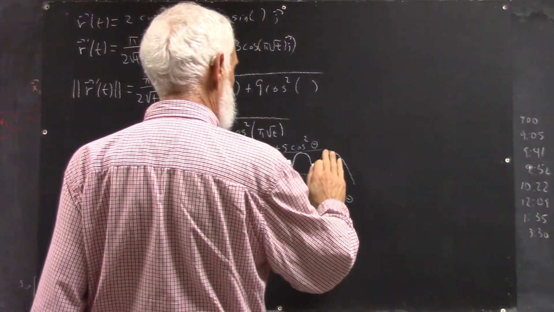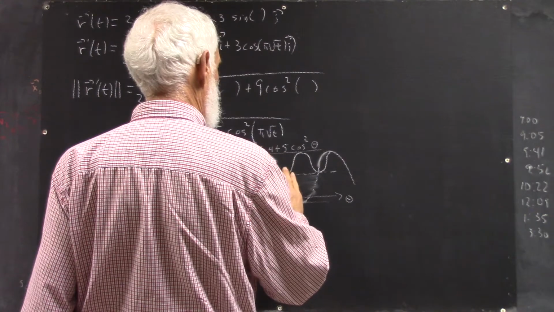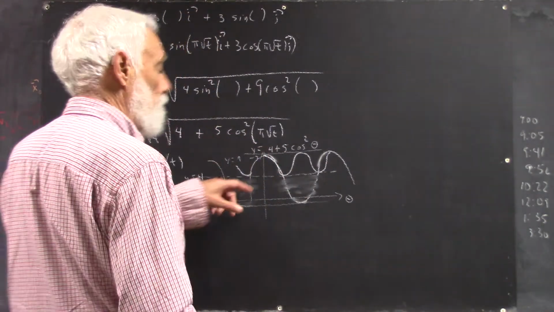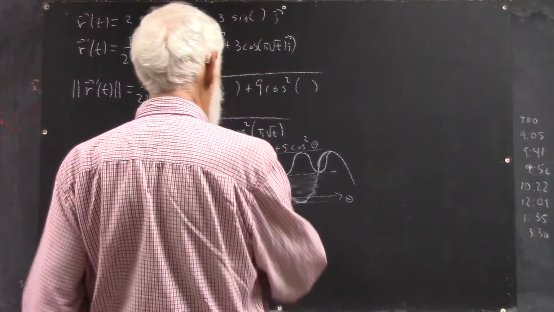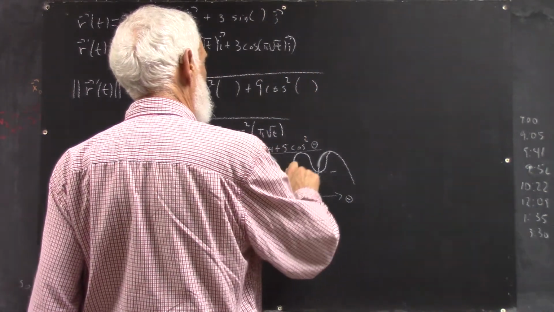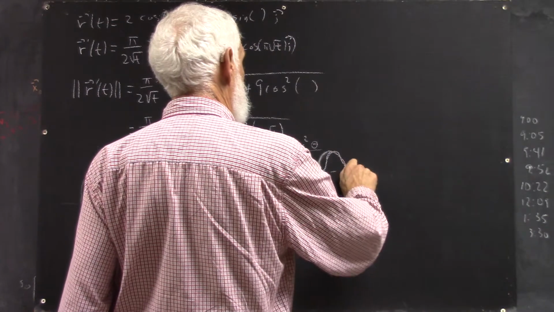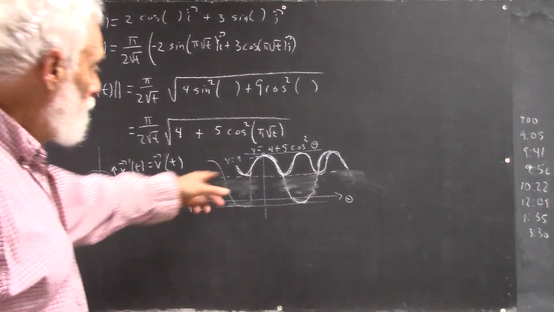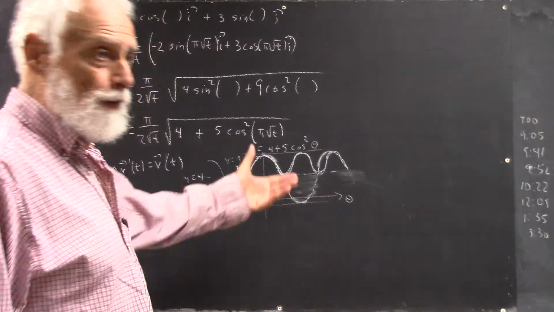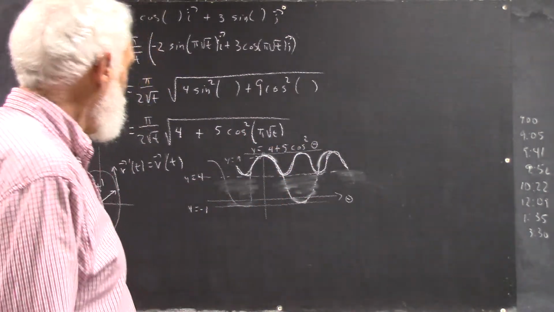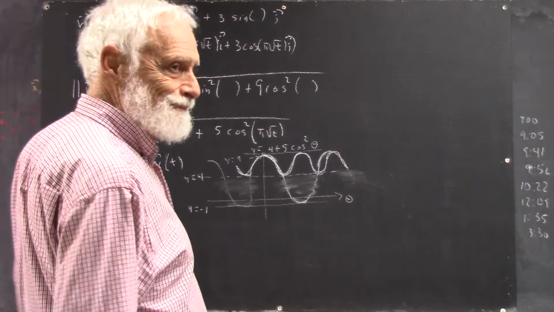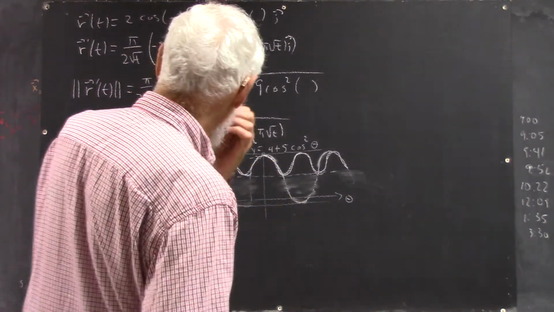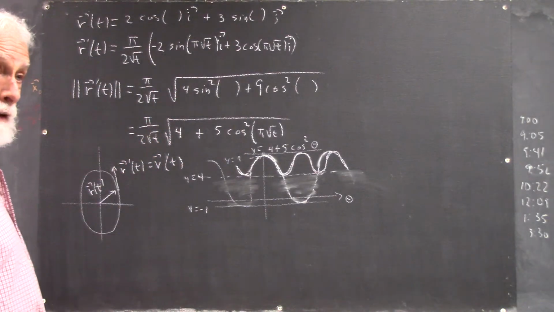A little careless of me, but get used to it. Okay. So, right here's our graph of 4 plus 5 cosine squared theta. The graph I drew would have been 4 plus 5 cosine theta. And it's useful to see how this graph is related to this one too. You want to maybe think through that. But there it is. Okay?